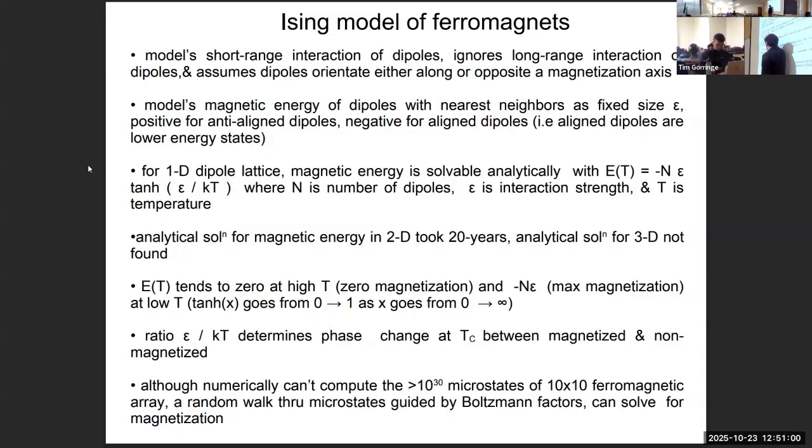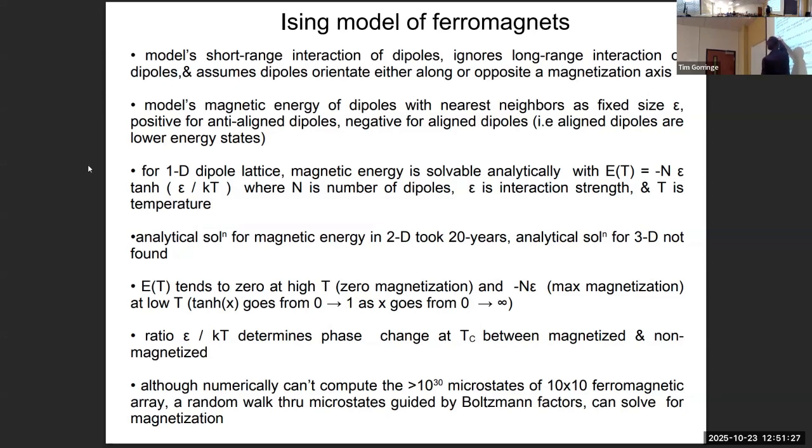So that's one limit, when the argument here is small, which means that the magnetic energy is smaller than thermal energy. The other limit of that equation is where the argument in the hyperbolic tangent is much, much larger than one. So the limit is infinity. That's where the magnetic energy is much greater than the thermal energy.